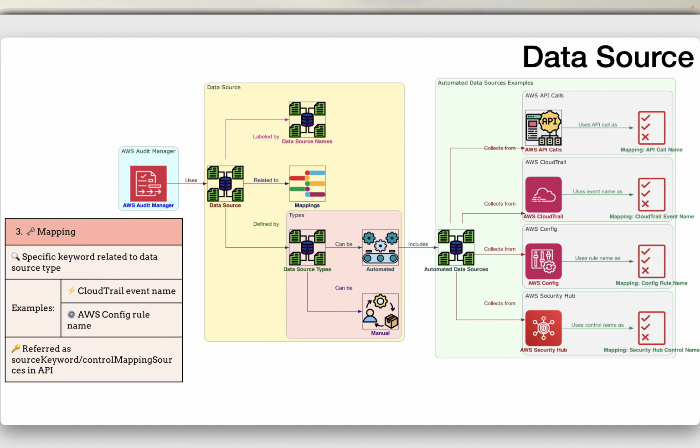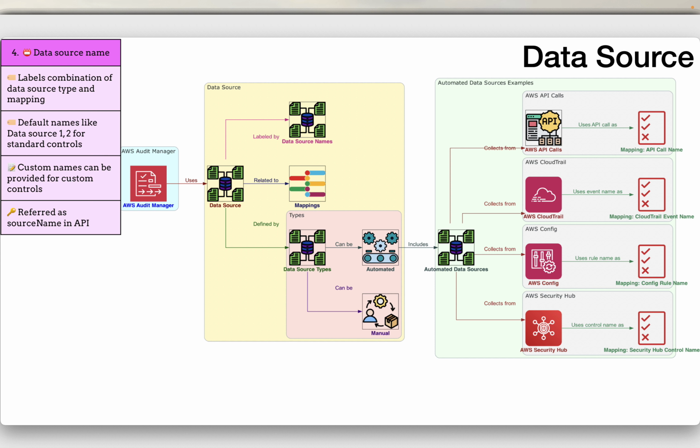Okay, next concept within data sources is a mapping. A mapping is a specific keyword that relates to a data source type. For example, this could be a CloudTrail event name or an AWS Config rule name. The Audit Manager API refers to this as a source keyword if it's singular, or control mapping sources if it's plural.